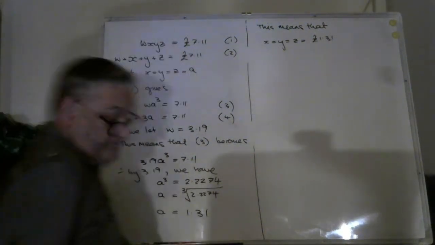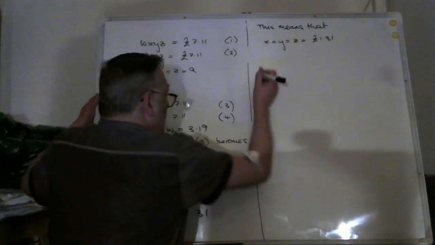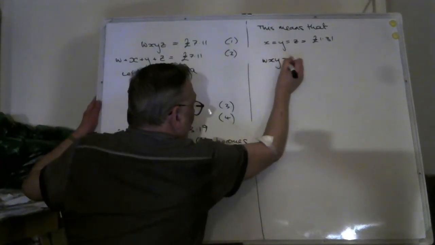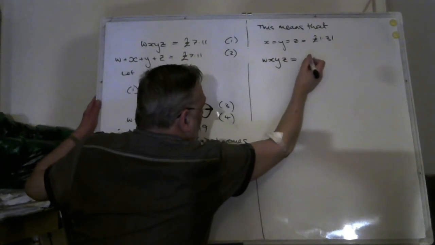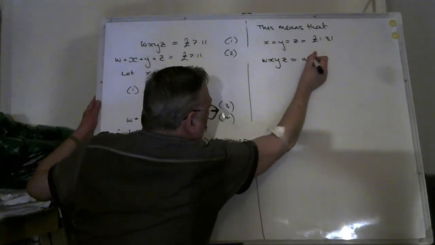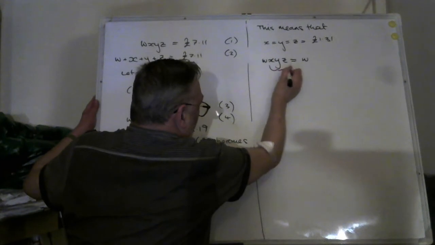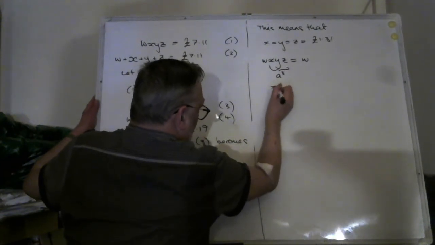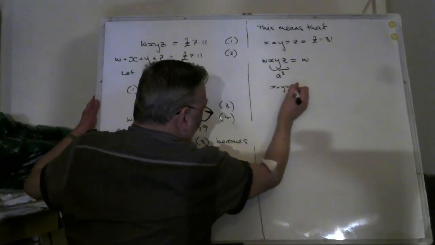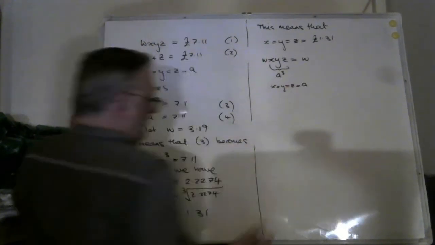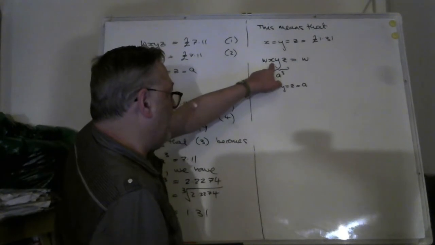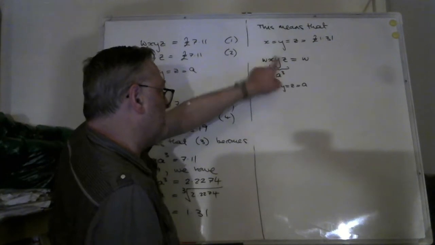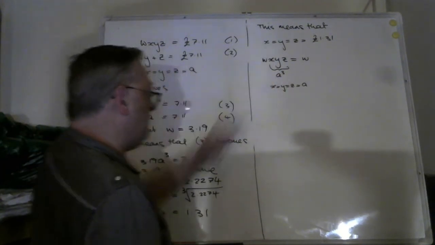How do we know we've got the right values? Well, WXYZ is equal to W, and XYZ here is just equal to a cubed, because x equals y equals z equals a. So if you substitute a in there, multiply it by a, multiply by a again, you get a cubed. So you get a cubed w.